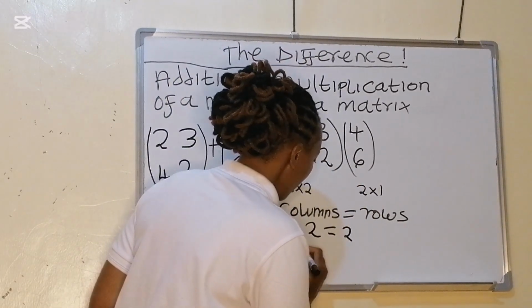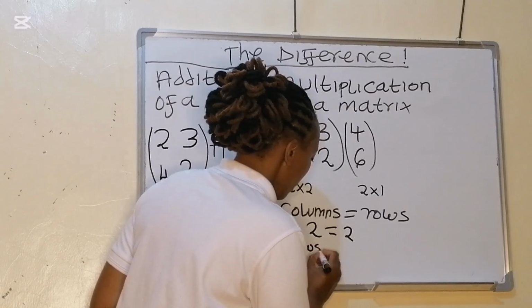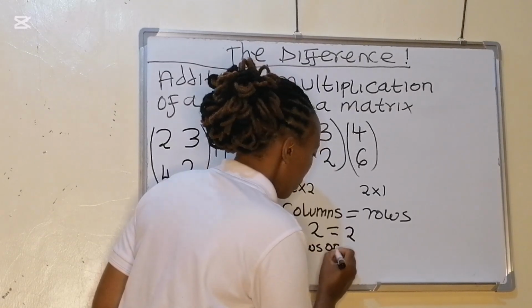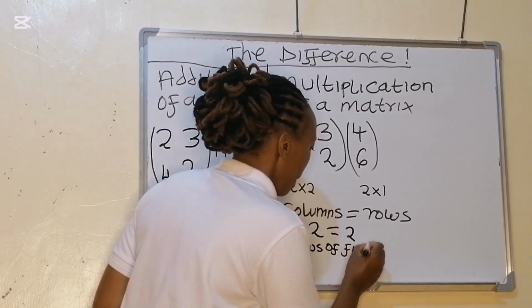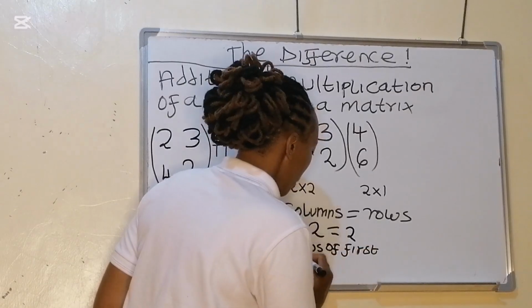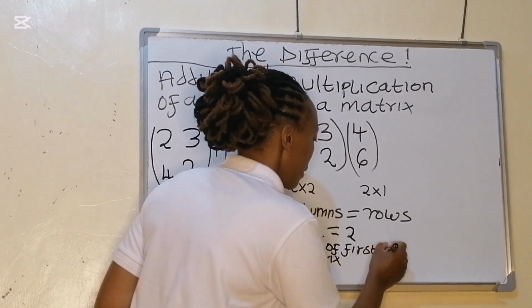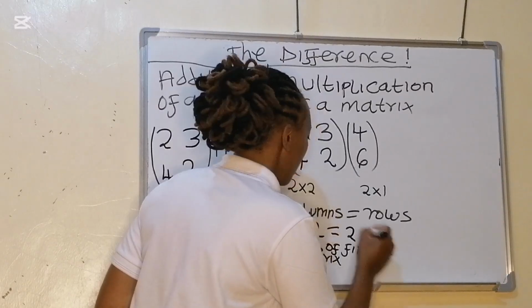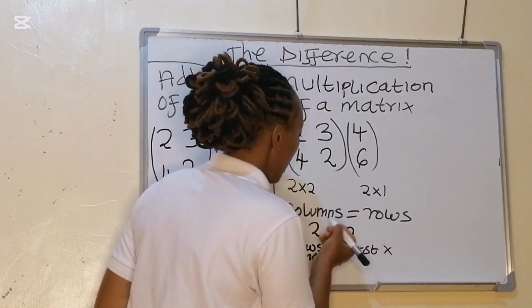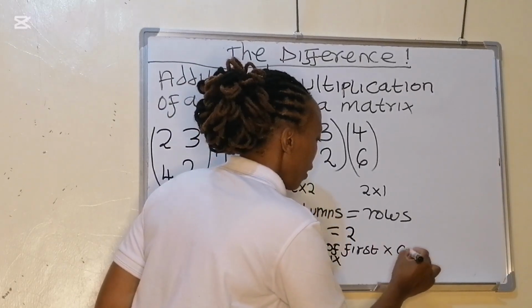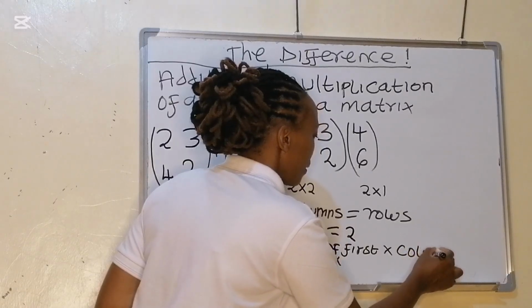Rows of the first matrix, then column of the second matrix.